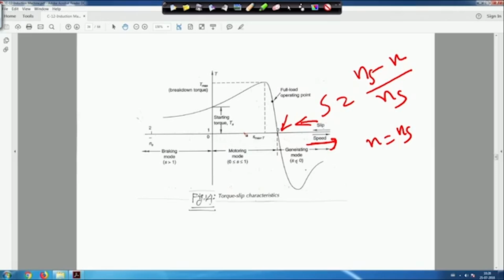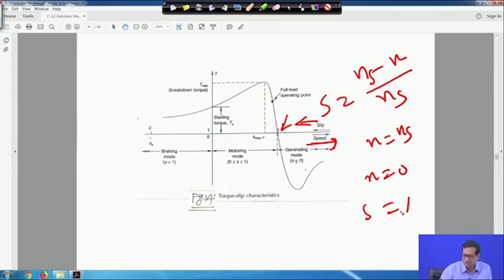And when n is equal to 0, that is the standstill condition, at that time slip is equal to 1. That is why speed is in this direction and slip is in this direction.